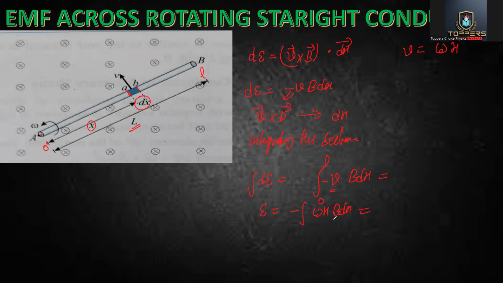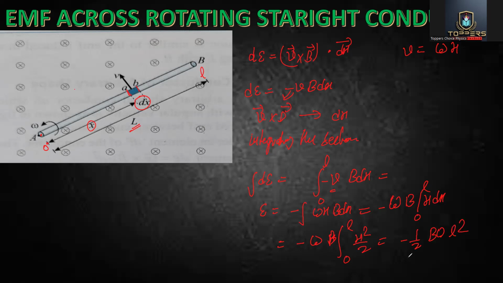You can take omega and B outside, so it will be minus omega B times the integral of x dx from 0 to L. That will be minus omega B times x square by 2, from 0 to L. Replacing x with the upper limit L and lower limit 0, it will be minus half of B omega L square.